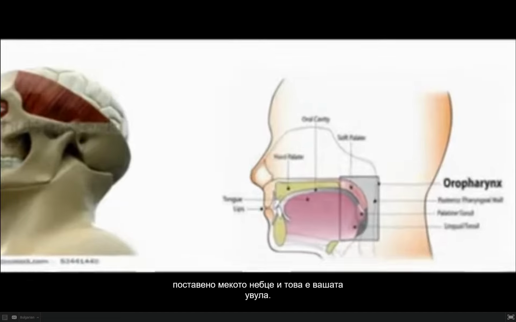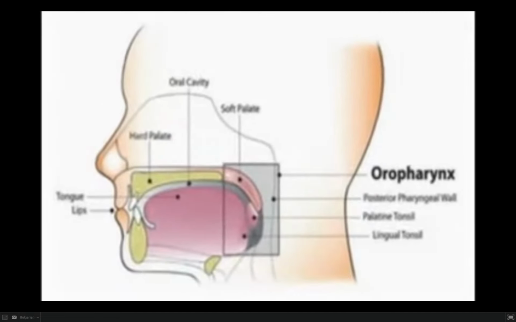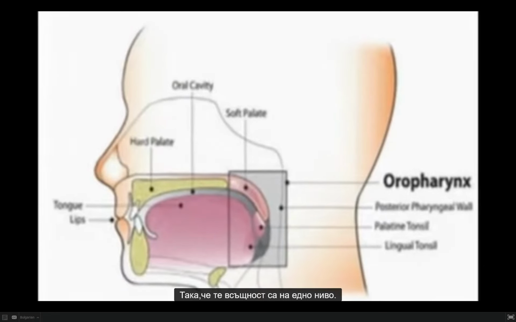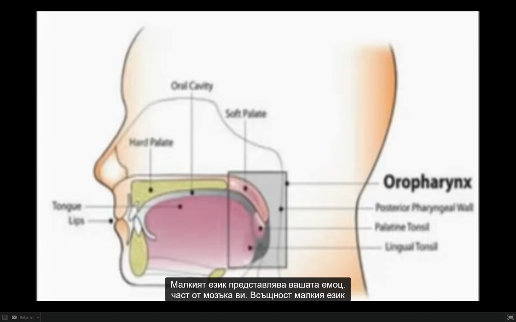And when you go to the right side of the slide, you see how the soft palate is placed on the same level, and this is your uvula. So actually they're on the same level. And I will repeat again that the small tongue represents the emotional part of your brain.